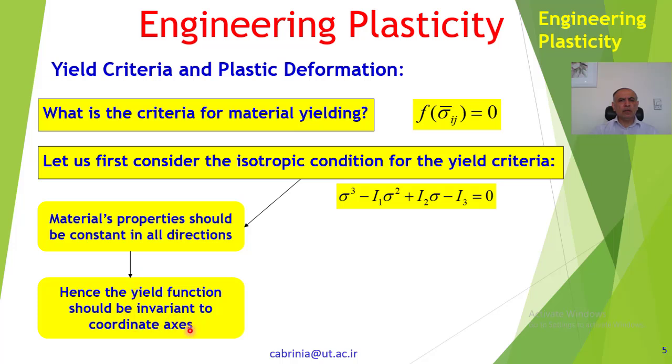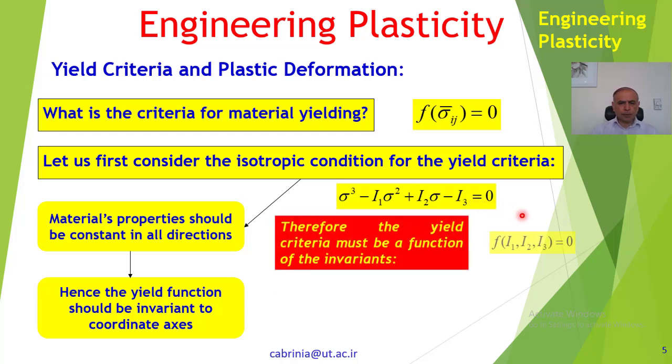To coordinate axis means directions, in any direction. If we go into any direction, the properties will not differ, because I1, I2, I3 are the same if we define this yield function in terms of I1, I2, I3.